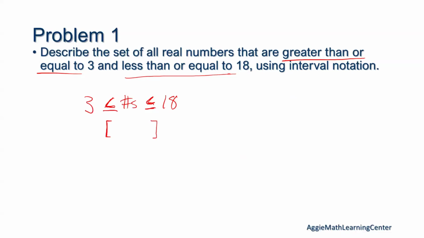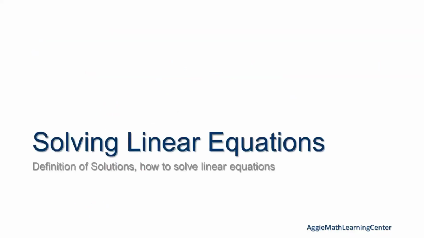So not even looking at the numbers, just looking at that greater than or equal to, less than or equal to, we know that we're going to have 2 square brackets. So we want numbers between 3 and 18, including those, so we're going to use those square brackets. Does that make sense how I built up that notation? Sweet. 3, 18. All right.